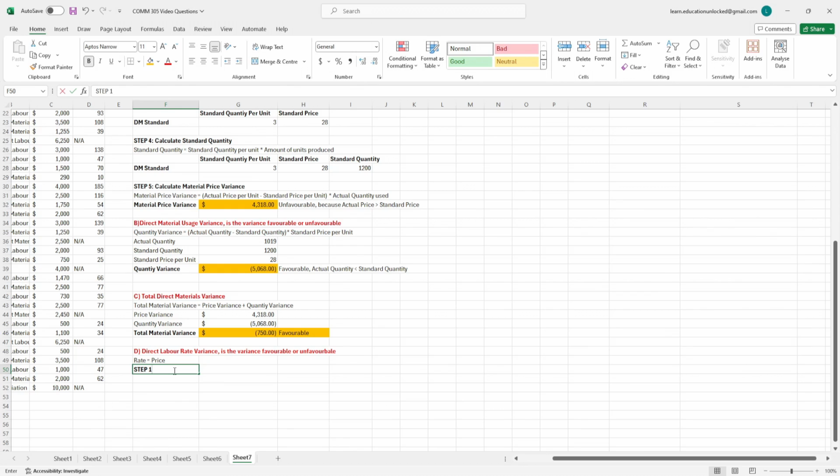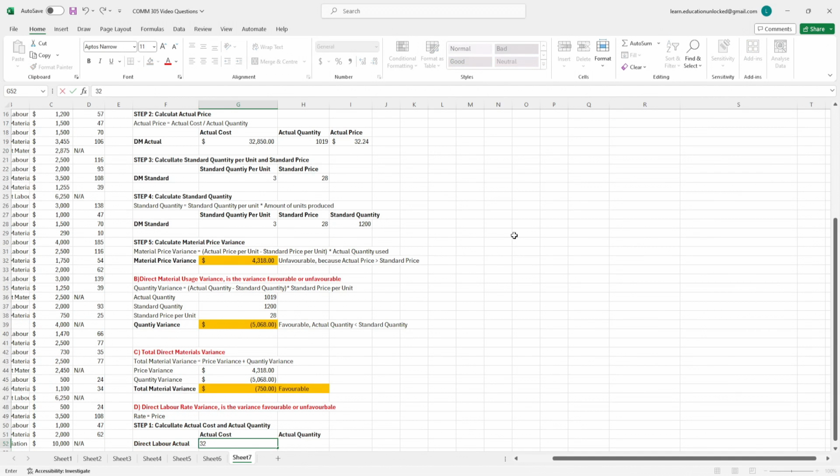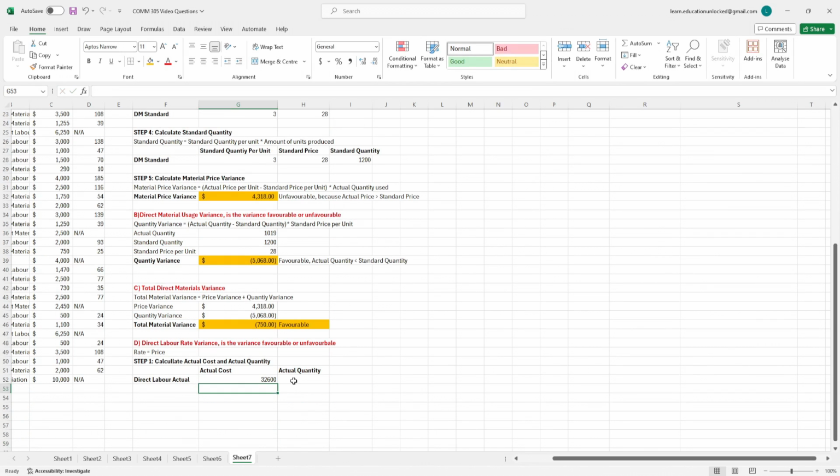So step 1, calculate our actual cost and actual quantity. So actual cost, I'll just create the table again. Direct labor actual. So actual cost was 3,200, 600.